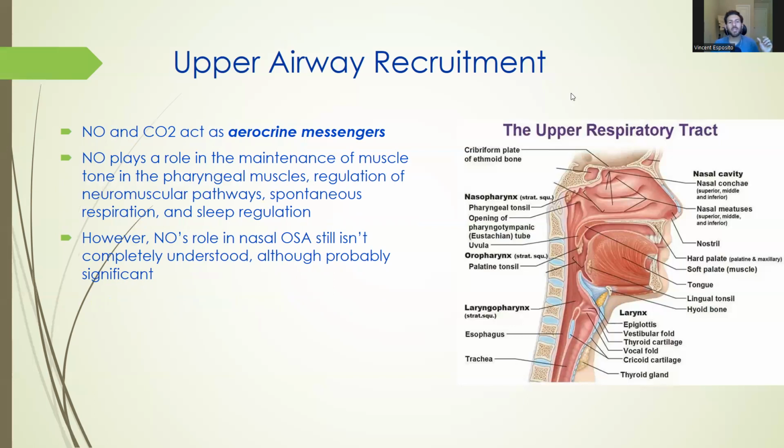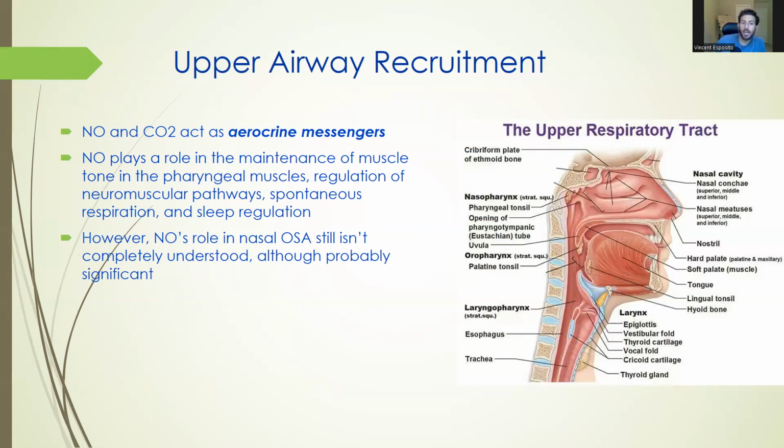So then we get to this idea of aerocrine messengers. Now, you might have heard of endocrine. Aerocrine is essentially having a similar effect through the air. And these are concepts that we're using to explain how nitric oxide and carbon dioxide work.